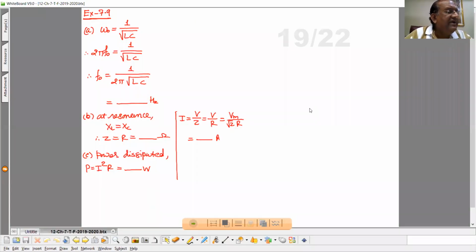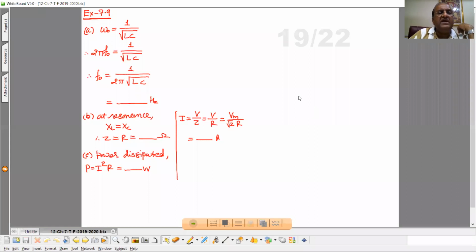Example 7.9. Suppose the frequency of the source in the previous example can be varied. What is the frequency of the source at which the resonance occurs? Calculate the impedance, the current, and the power dissipated at the resonant condition. So resonant frequency omega 0, that is 1 upon root LC.